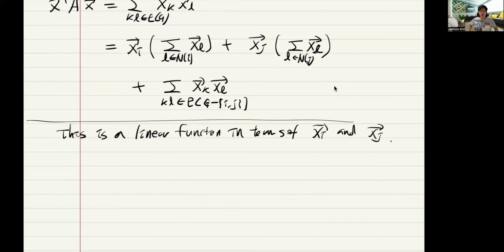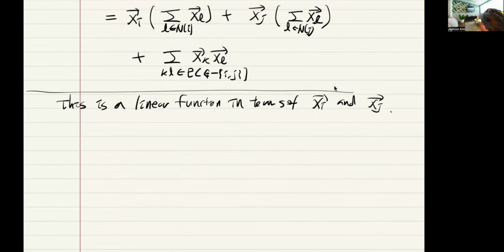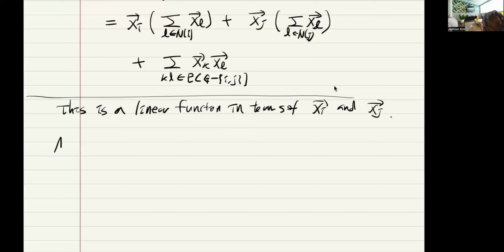Then what we know is that if you have a linear function, in order to maximize or minimize it, the maximum or minimum appears on the boundary. When you have a linear function and certain variables, the maximum or minimum always happens on the boundary. Using that, we can do the following.